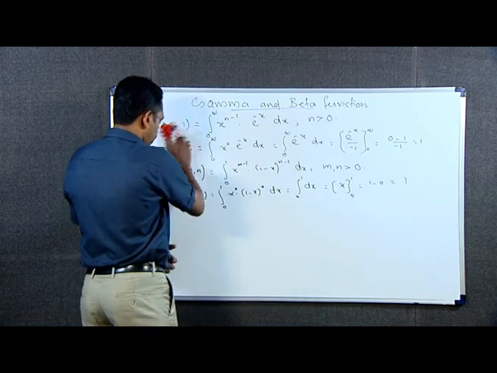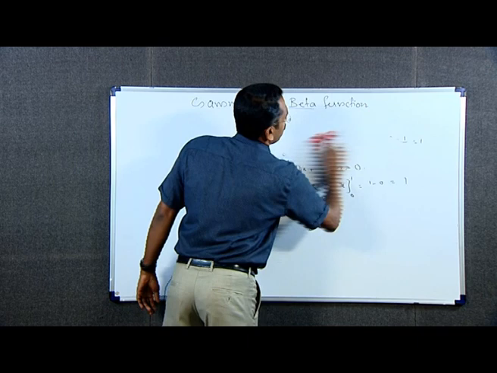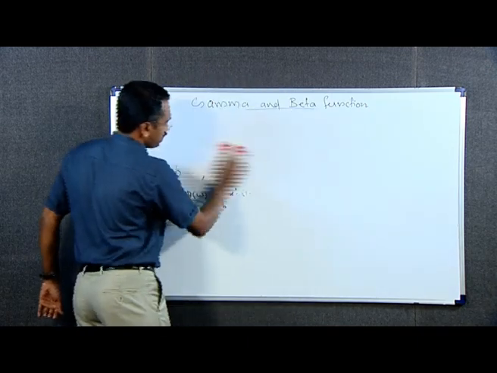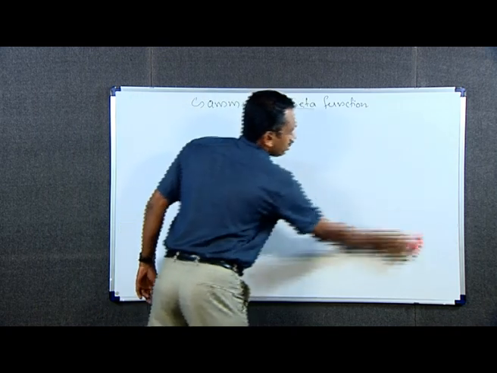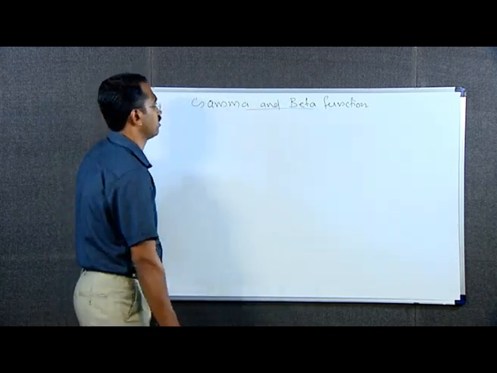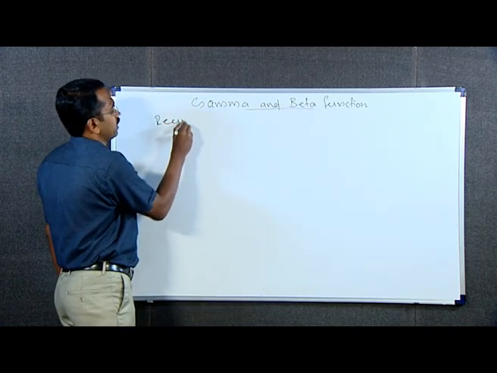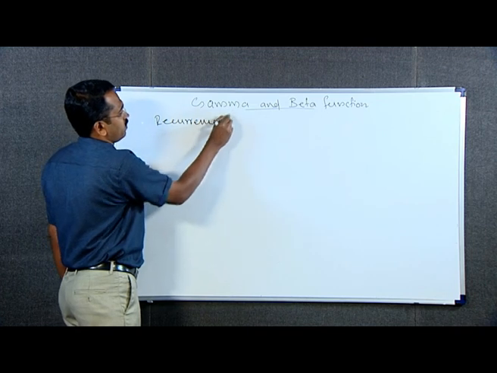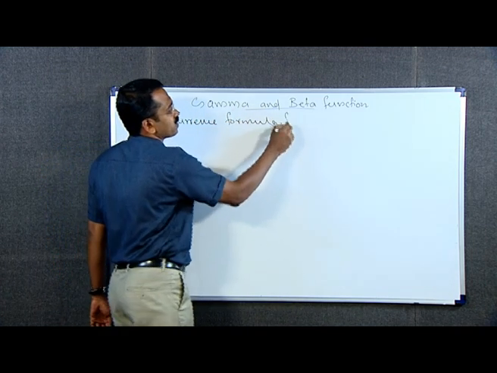Now, we have to derive the recurrence formula connecting the gamma functions. That is, the formula is the recurrence formula for gamma function.